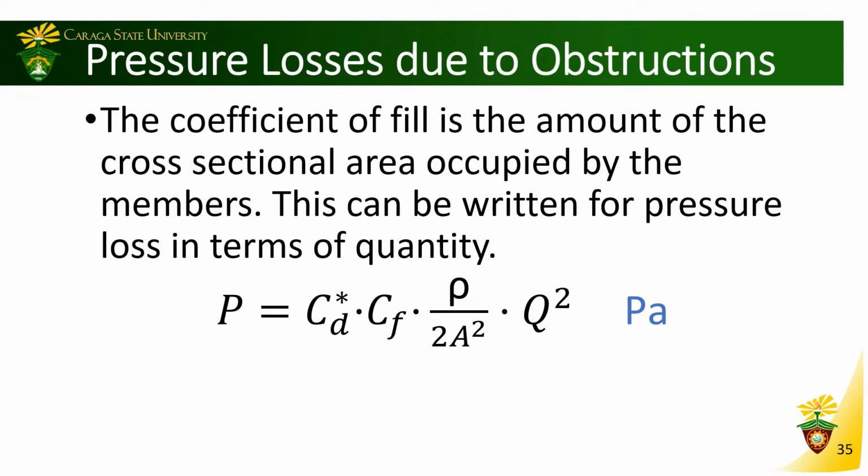The coefficient of fill is the amount of cross-sectional area occupied by the members. And this can be written for pressure loss in terms of quantity. So we have that expression which relates it to the quantity of the fluid.